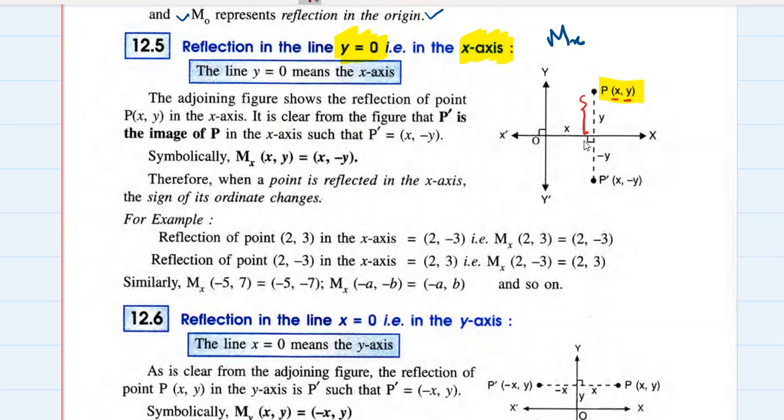But what will happen now, this distance will be taken as the image distance behind the mirror, and since the mirror is placed on x-axis, हम जब behind the mirror देखेंगे so that will go into the fourth quadrant, और fourth quadrant में y कोऑर्डिनेट क्या होता है, नेगेटिव होता है। एंड सिंस द y कोऑर्डिनेट इज नेगेटिव, देखो डिस्टेंस तो उतना ही रहेगा, लेकिन आगे सिर्फ माइनस साइन लग जाएगी। So what about the x coordinate?